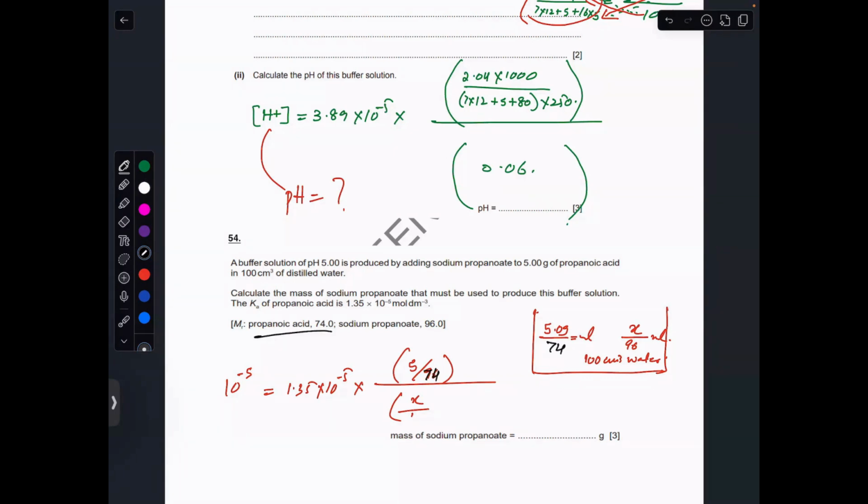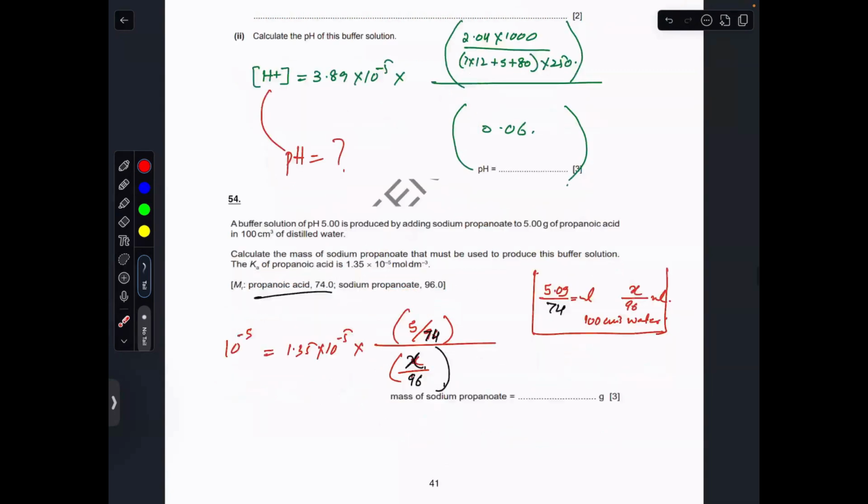Weak acid over salt. So can you calculate the mass of the salt? Of course. So what I did, pH is converted into H plus, Ka is given. The mole ratio is equal to the concentration ratio. So if I have mass over MR, I get the moles. X over 96, I'll get the moles. So I need to find what? The mass. I hope you understand the buffer questions.